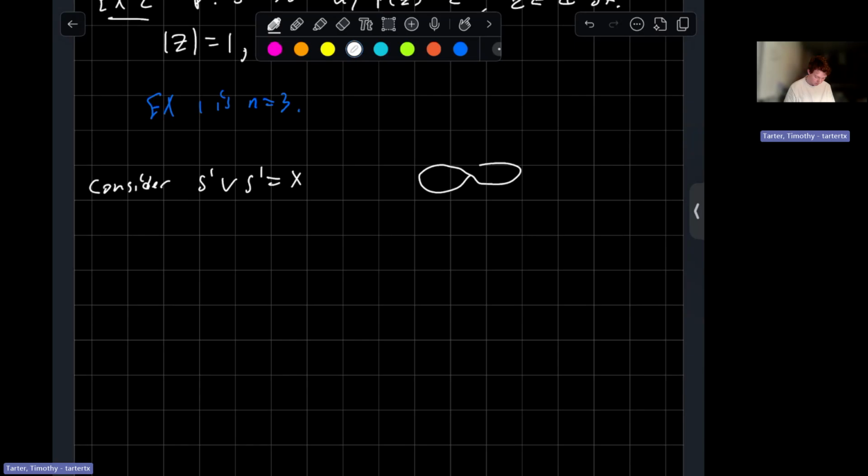Call them A and B. So if this is A, then this is B. And we'll choose orientations for A and B, like so, in such a way that the local picture near each vertex is the same as an X. So there's an A edge oriented towards the vertex and an A edge oriented away from the vertex.